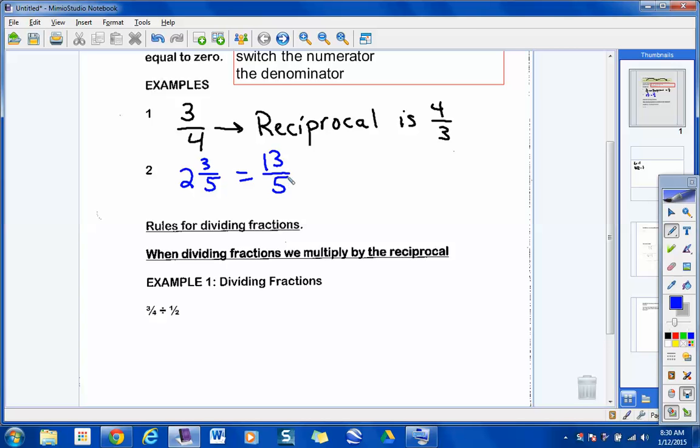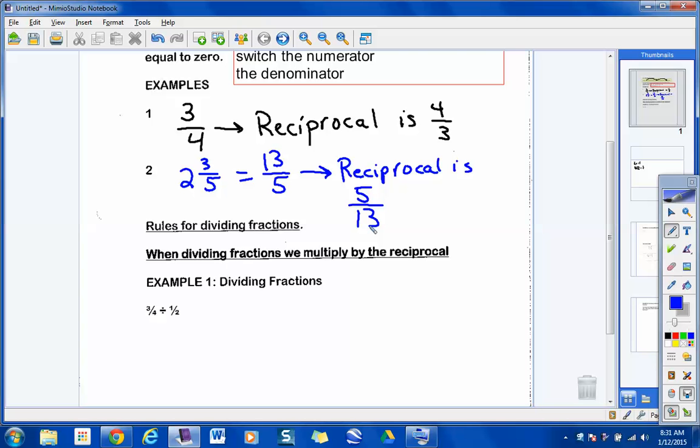So 2 3/5 as an improper is 13 over 5, which would make the reciprocal what value? 5 over 13. So if I say, what is the reciprocal of 2 3/5, you know what to do, right? Turn mixed numbers into impropers and then switch your numerator and denominator around once you've got them.